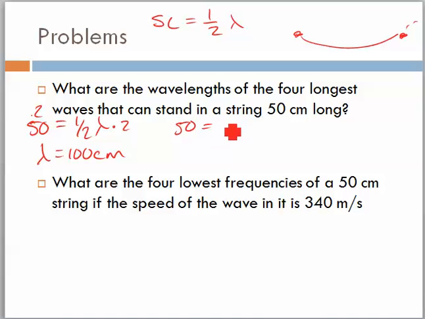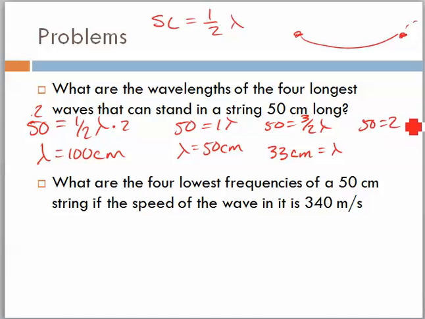So we'd say 50 equals 2 over 2, or just 1 wavelength, and then the wavelength is, easiest, 50 centimeters. 50 equals 3 halves the wavelength, and we would multiply by 2 and divide by 3, and that gives us approximately 33.3 centimeters equals the wavelength. And then the last one is 50 equals 2 wavelengths. And that means we'd get 25 centimeters equals a wavelength. So here are the different wavelengths we have.